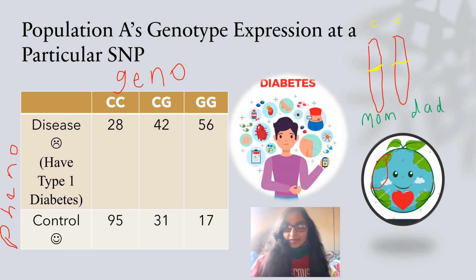Maybe it could be orange instead for the dad. In this case, it would be a C and a G. Or it could be a G and a G. Maybe mom's also a G, for instance. And the same is true the other way around; either combination is possible. So what we have is this case and control information, and the phenotype and genotype information for these individuals.